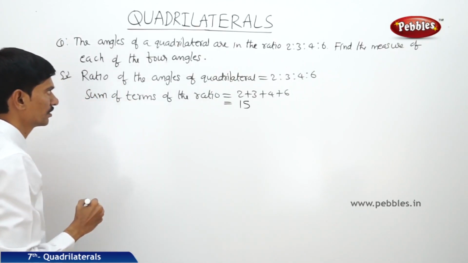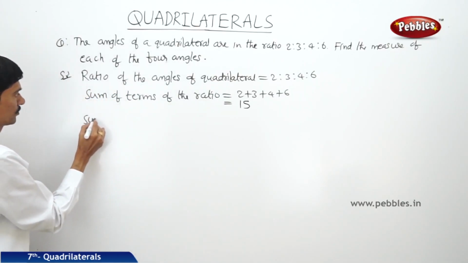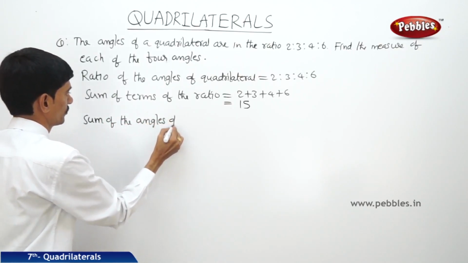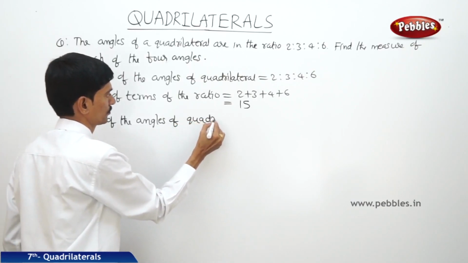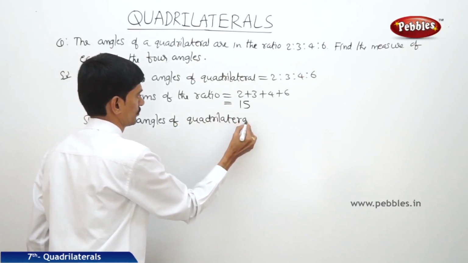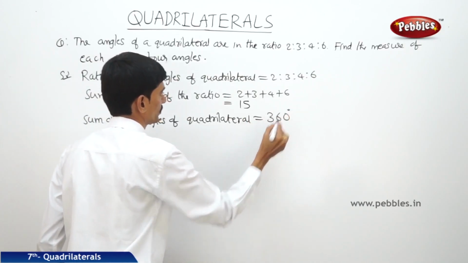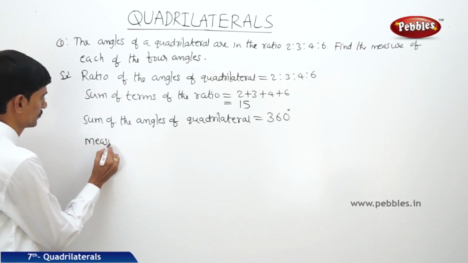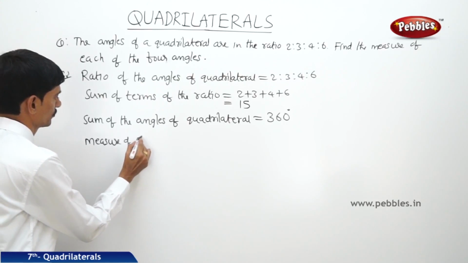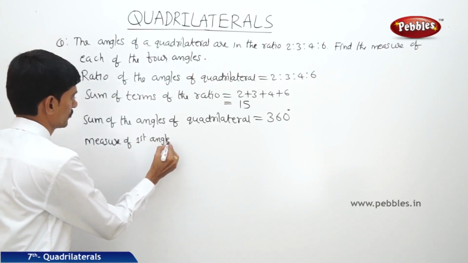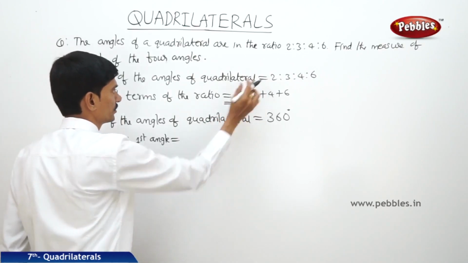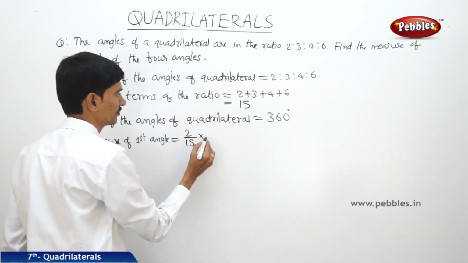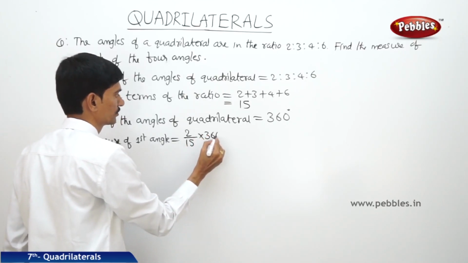The sum of the angles of a quadrilateral equals 360 degrees. Now the measure of the first angle equals the first term in the ratio, 2, by the sum of the terms of the ratio, 15, into the sum of the angles of the quadrilateral, 360 degrees.